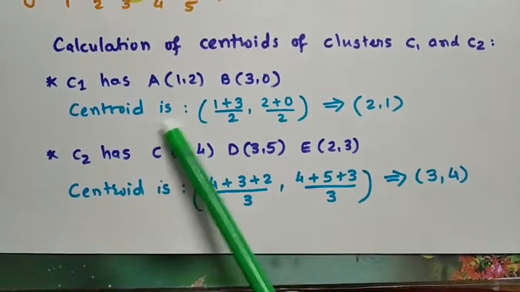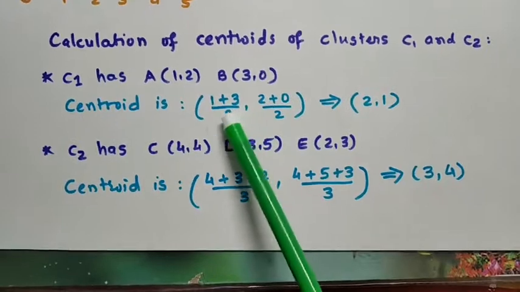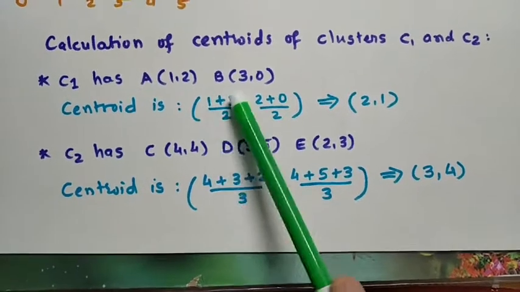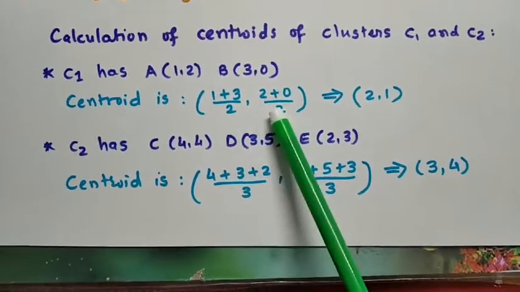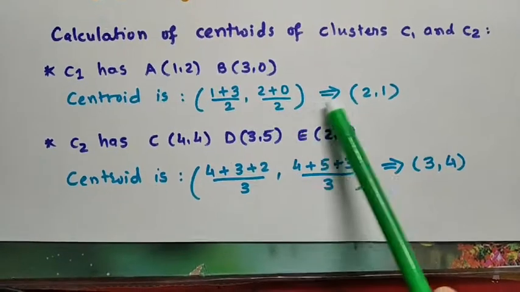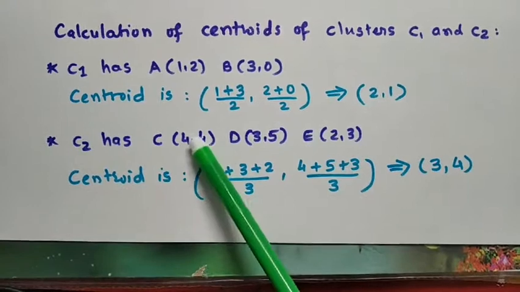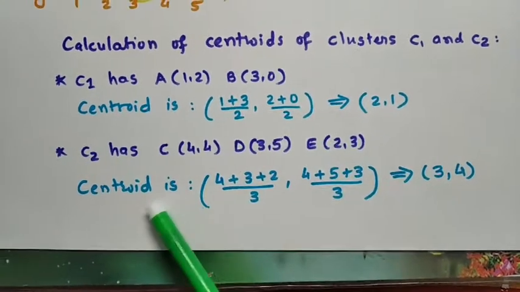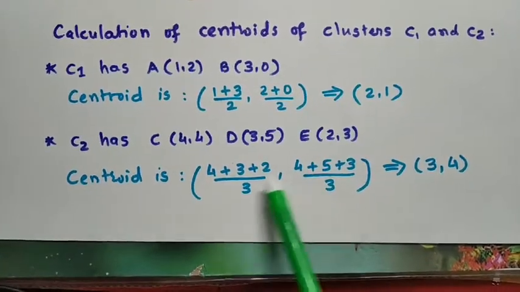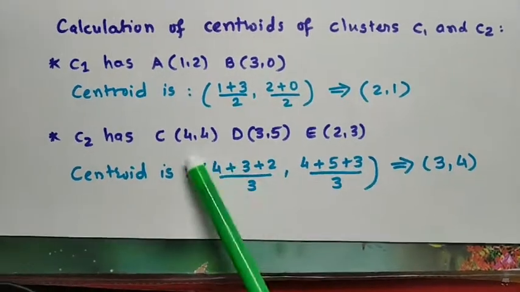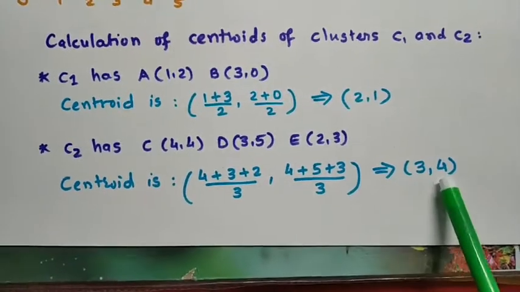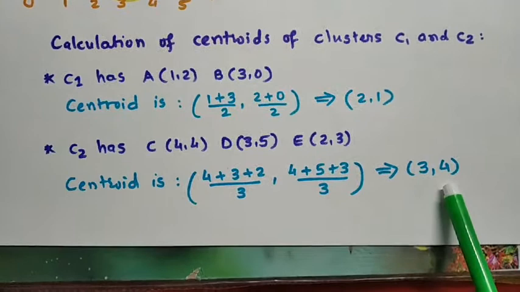The centroid of cluster C1 is the average of them. So the average of the x coordinate, 1 plus 3 by 2, and the average of the y coordinate, 2 plus 0 by 2, will give you 2, 1. In the same way, C2 has three objects, so the centroid of C2 is the average of these three objects, which will give you the coordinates 3, 4.